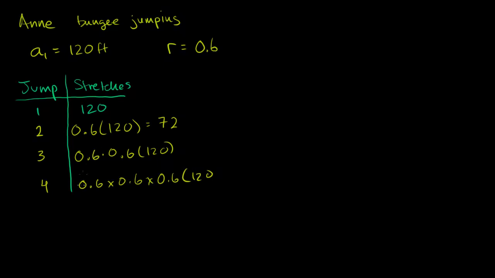So if we wanted to make a general formula for this, just based on the way we've defined it right here, what would the stretch on the nth jump be? So let's see, we start at 120. 120 times 0.6, times 0.6 to the what?